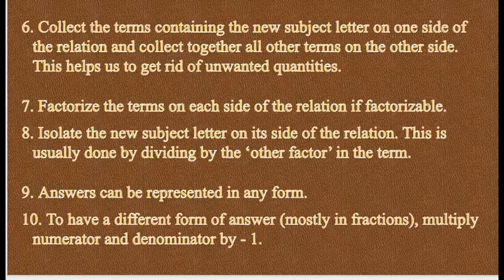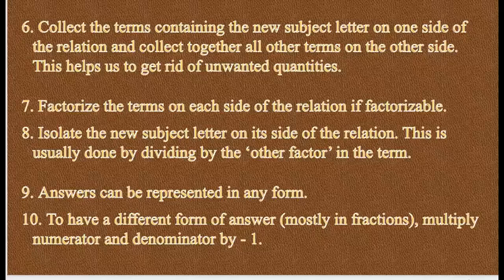Now, after that, you collect the terms containing the new subject letter on one side of the equation, and then collect together all other terms on the other side. This will help us get rid of the unwanted quantities.